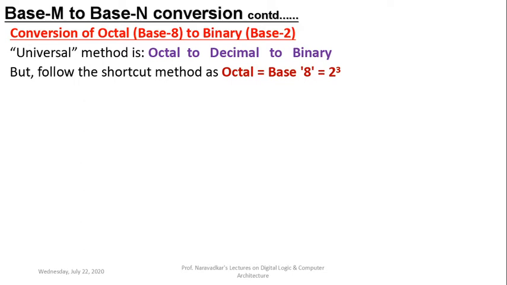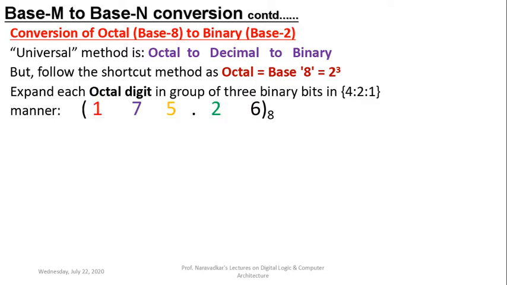So what we do here is simply expand each octal digit into a group of 3 binary bits in 4-2-1 manner. Whatever is written in this sentence you will understand once we take this example and convert it into its corresponding binary.